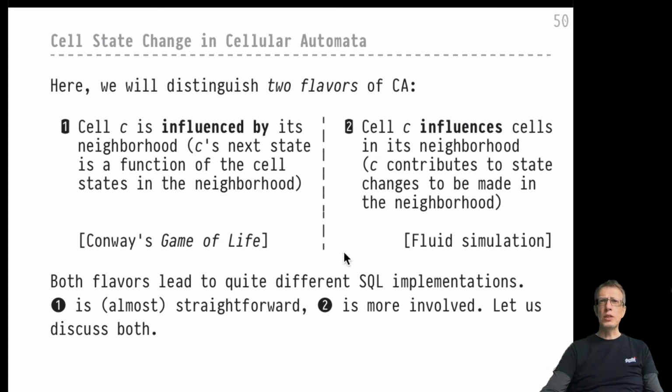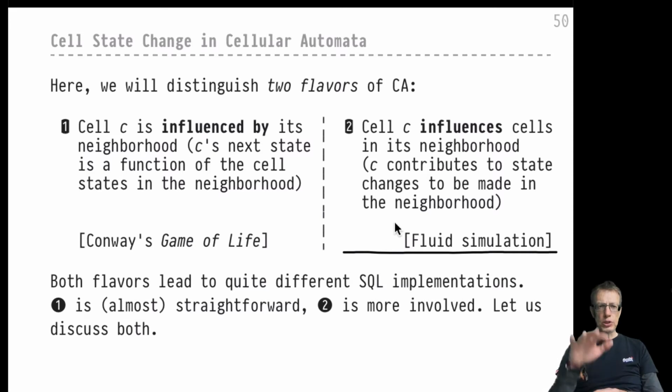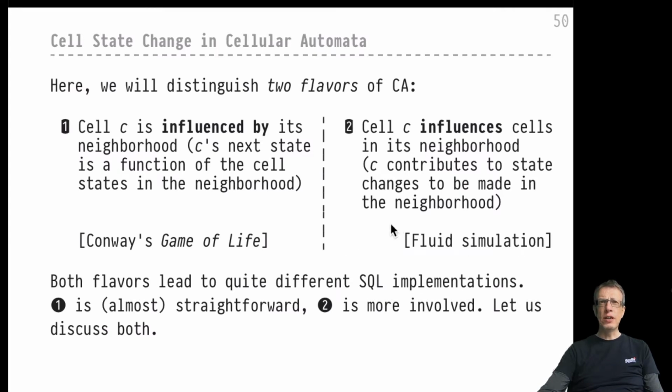The other application that we will consider is the simulation of fluid flow in a very simplified scenario, where we will try to simulate different types of energy, potential energy, kinetic energy, and use that to simulate how fluid flows in a particular container. But one thing after another, our focus is entirely on the Conway game of life style of CAs, the left-hand style type.